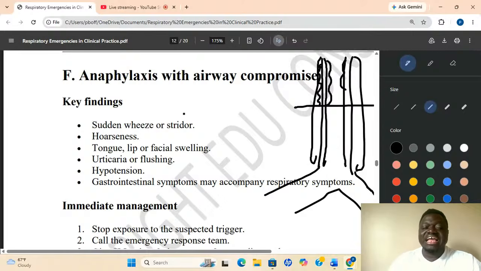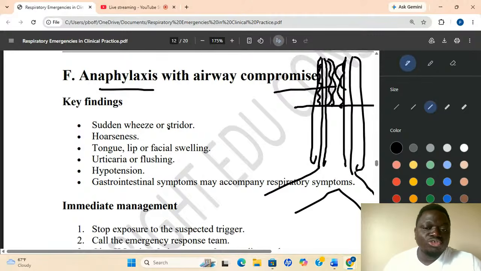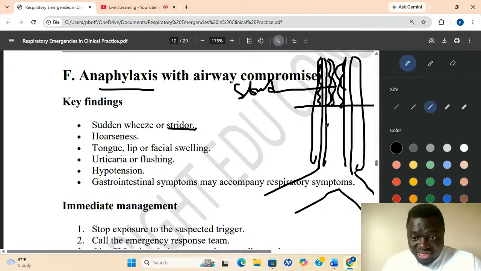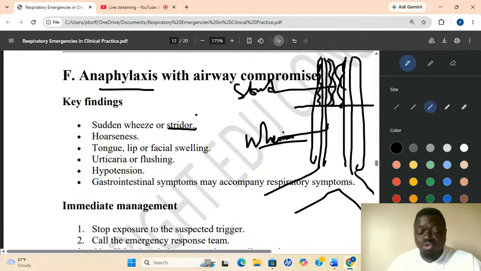Because it is anaphylaxis, the mucous membrane can even swell in such a way that it will close my airway. If it closes at the upper side, you will hear what we call stridor. If it closes at the lower side of the airway, we hear what we call wheezing. And hoarseness of voice.